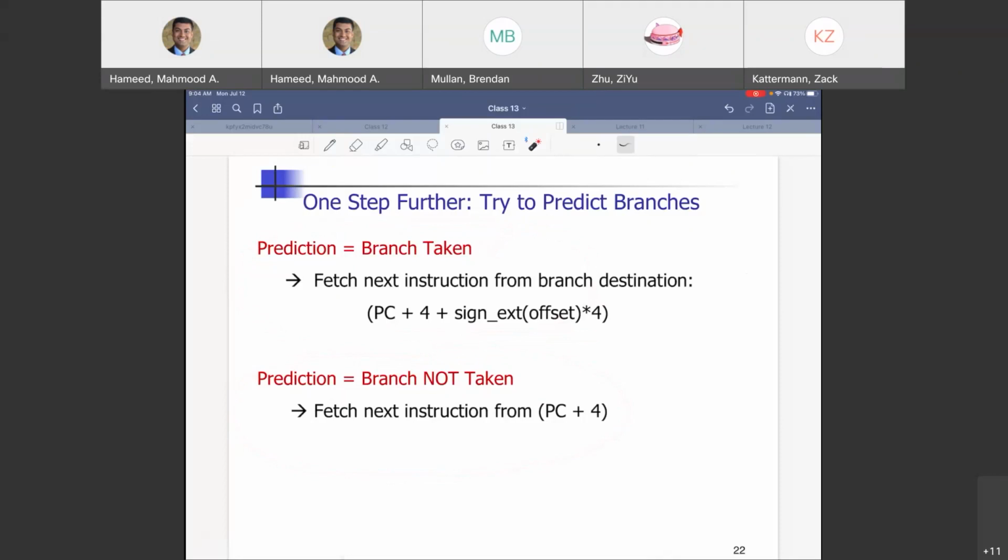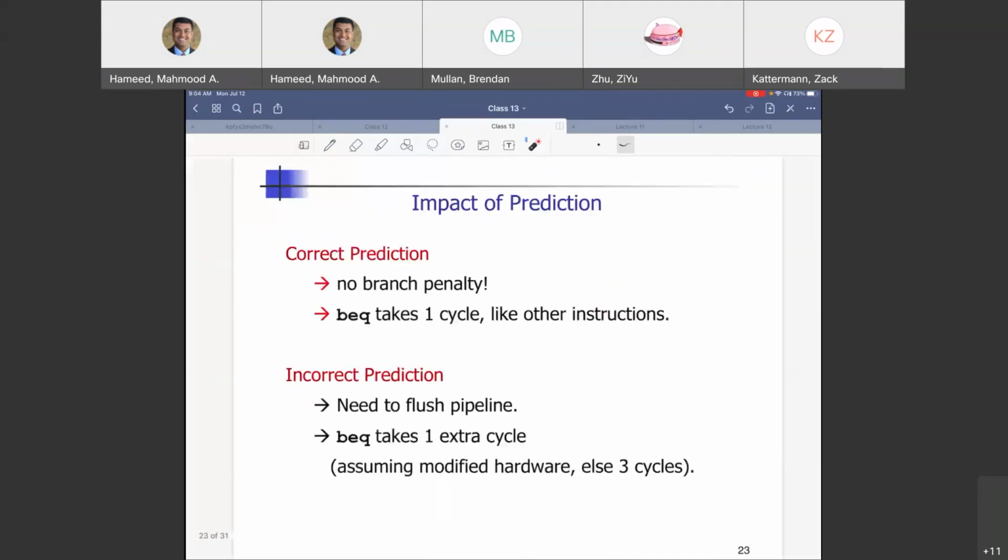You guys know why you need to do the sign extension, why you need to multiply by 4, and why you need to add that PC plus 4. You have seen all of those things. So the branch destination would be this if the branch is taken. If the branch is not taken, then our PC will be updated with PC plus 4, the immediately next instruction. So those are the 2 options that you have for predictions, one or the other.